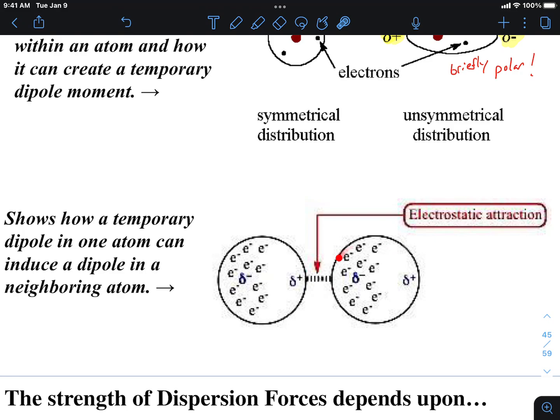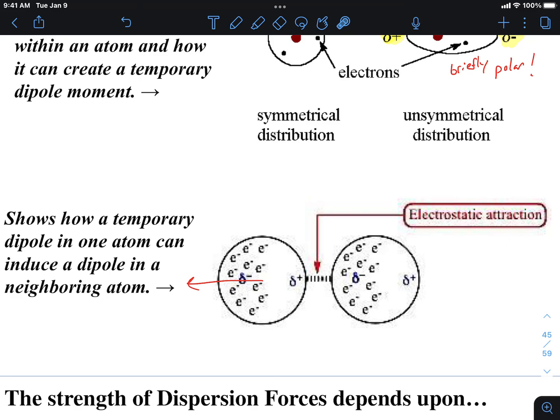Here's another example. If the electrons in this atom end up towards the left side, the atom that's next to that atom, its electrons are going to be pushed, because the electrons on this atom repelled the electrons in that atom and pushed them off to the left.